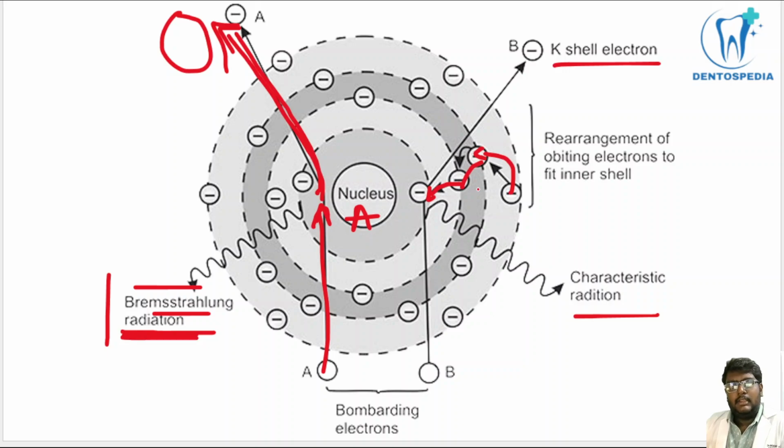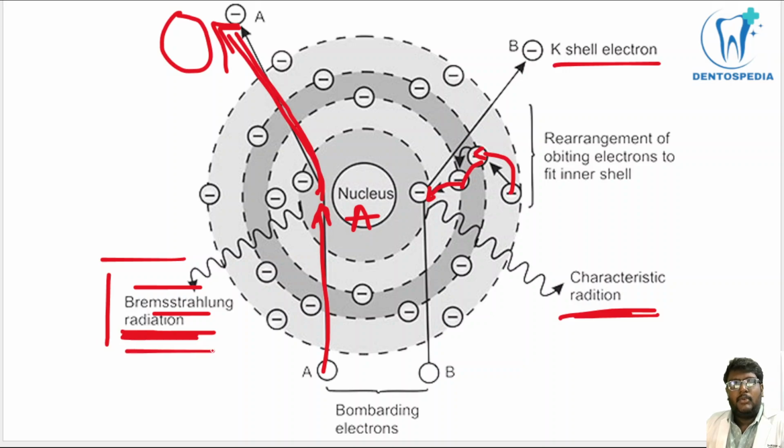During the process of jumping from the outer orbit to the inner orbit, there will be energy production, okay, and this energy will result in a radiation called characteristic radiation, okay. These are the two types of radiation, Bremsstrahlung and characteristic radiation.